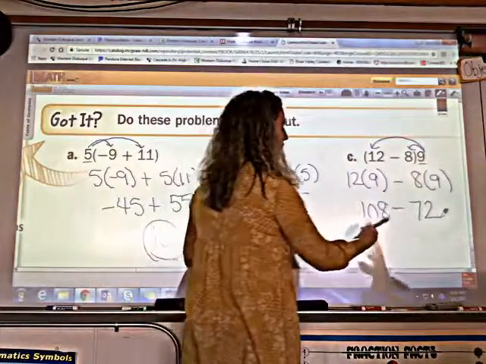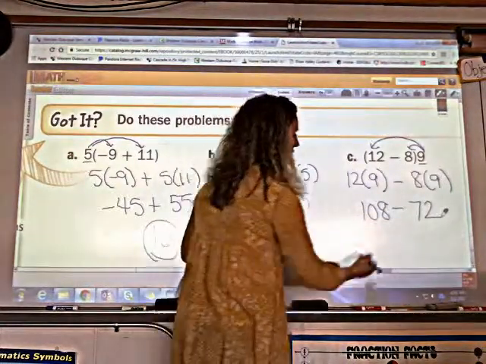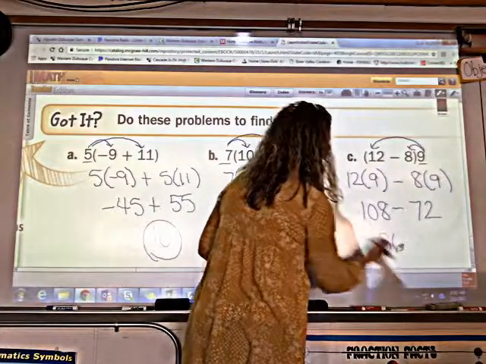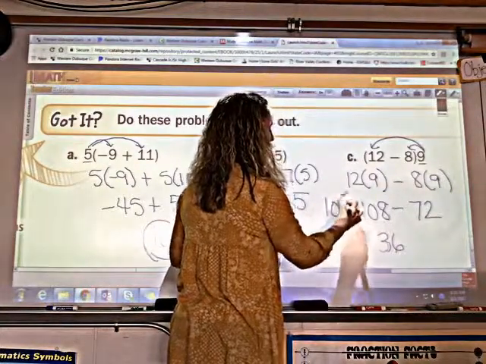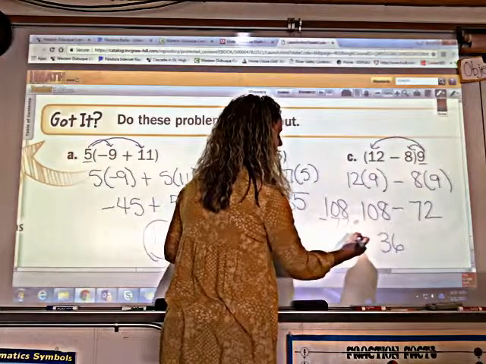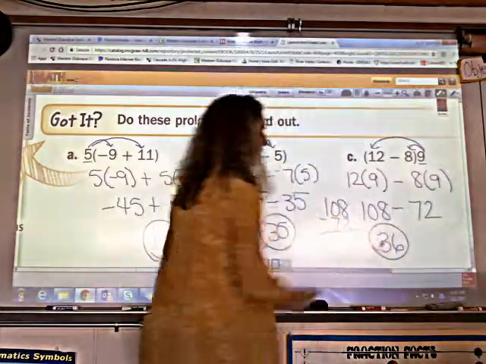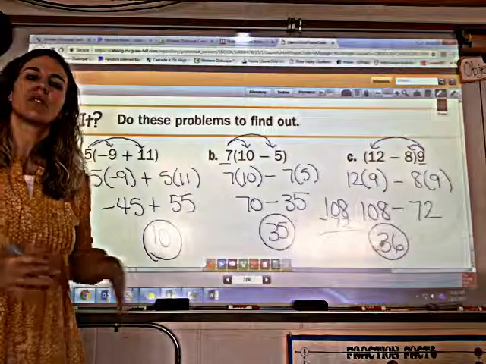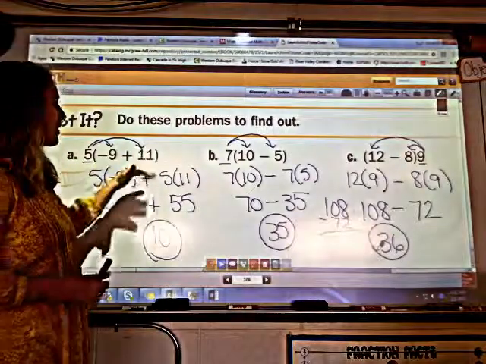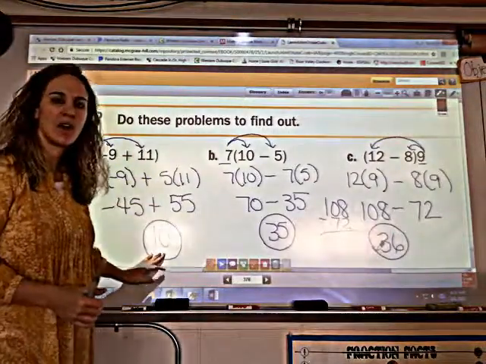So you're thinking to yourself, what is 108 minus 72? When we subtract that out, if you need to write it on the side, that's fine. 108 minus 72 should give us 36. So there are some examples of how to use the distributive property to rewrite and then to evaluate.